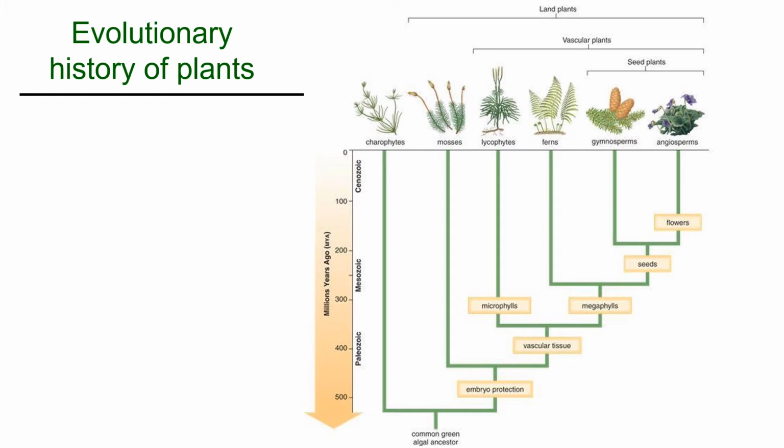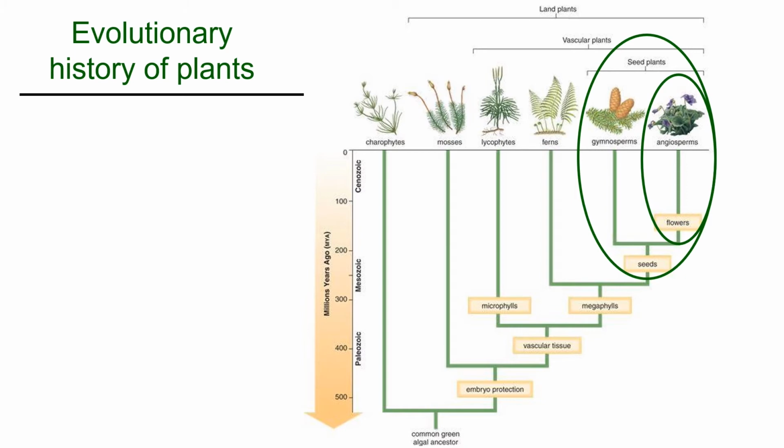Having the adaptation of seeds protects reproduction tremendously because those seed packets can wait until conditions are right for germination. And then finally, on the far right, development of flowers, which is the adaptation that makes the angiosperms distinct largely from the other groups. So you can see here the circle showing you the division of the seed plants and ultimately the angiosperms.